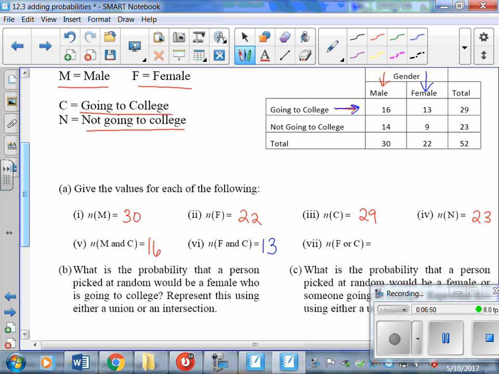And the number of females or college, so the number of females is 22. The number of people going to college is 29, but we only have to take out the elements where they're female and going to college. So the females and going to college is 13. So we have to subtract out the 13 to get our final answer of 38.